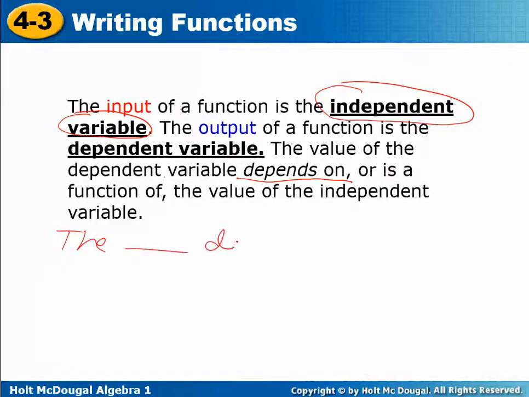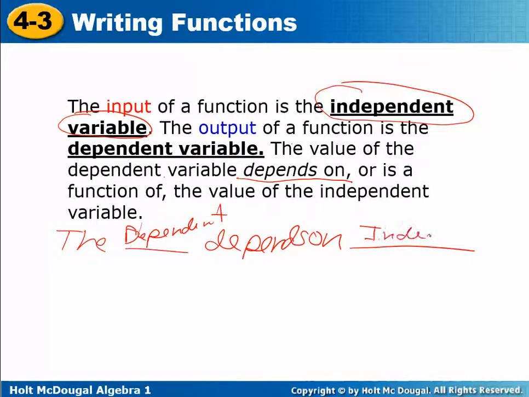The blank depends on the blank. So this is where dependent goes in this first part, and independent goes here. So if you can rewrite it in this way, the first part is going to be the dependent.